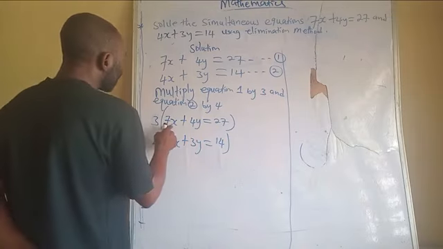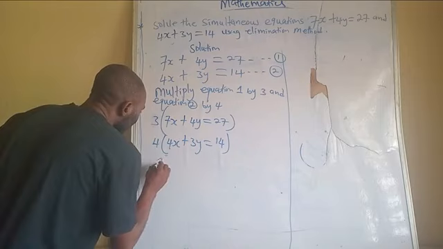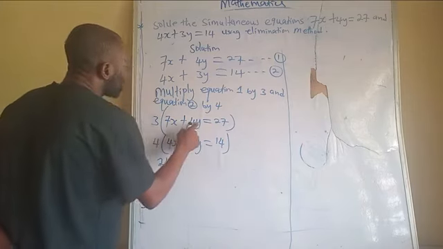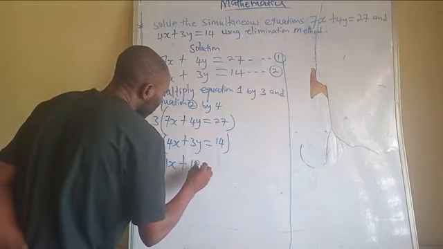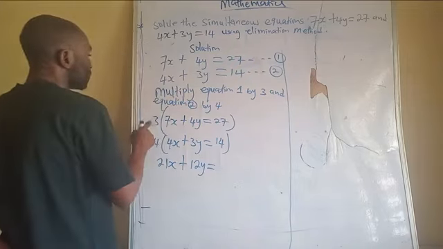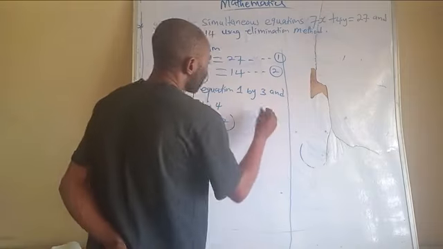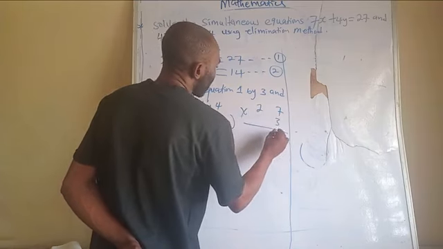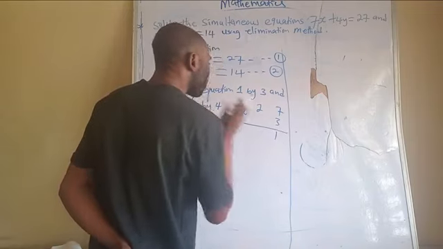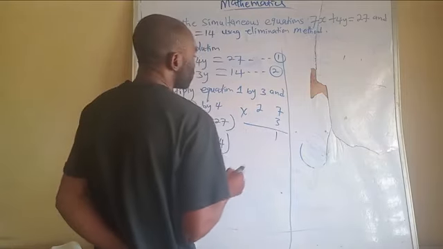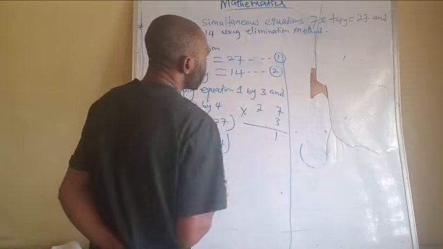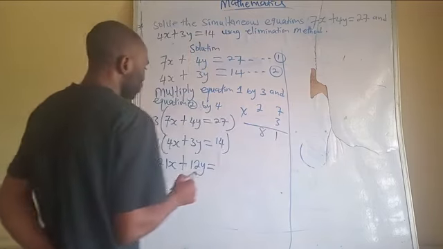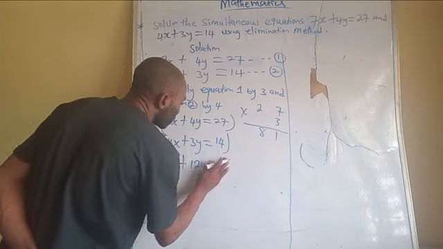So now 3 times 7 will give us 21x. 3 times 4 will give us 12y is equal to 3 times 27. 3 times 7 is 21, write 1, carry 2. 3 times 2 is 6 plus that 2, making it 8. So that is 81.